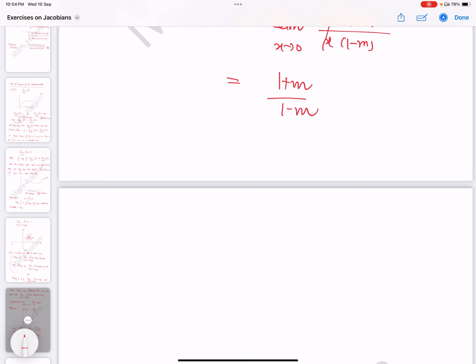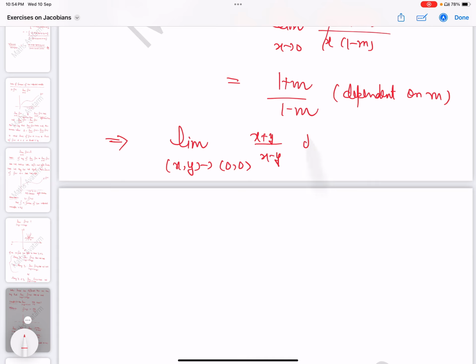So this function is approaching two different values along two different straight lines or curves y is equal to mx, which is dependent on m. This implies the limit (x, y) tending to (0, 0) of (x plus y) upon (x minus y) does not exist.